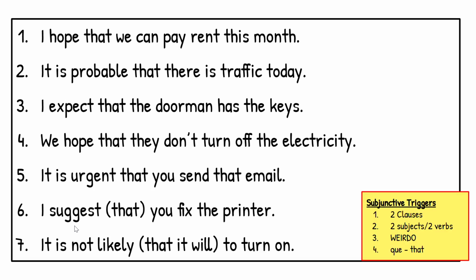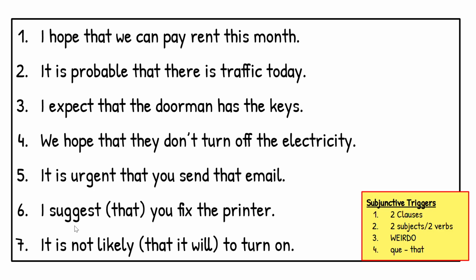Let's look at some sentences in English. I hope that we can pay rent this month. It is probable that there is traffic today. I expect that the doorman has the keys. We hope that they don't turn off the electricity. It is urgent that you send that email.